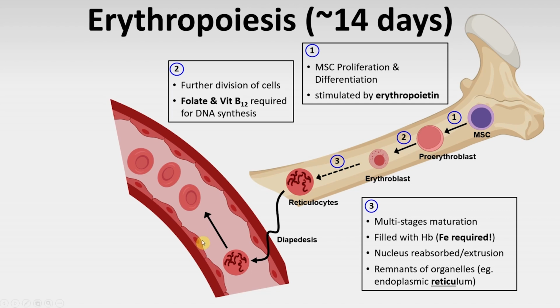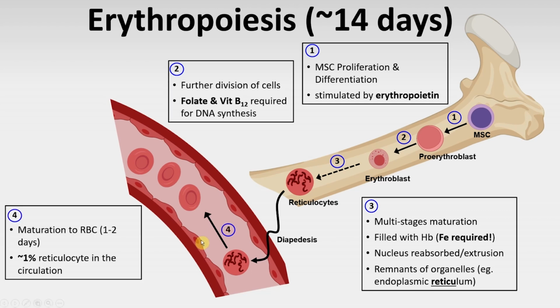I mentioned that reticulocytes are important because the maturation of reticulocytes to RBC takes only 1 to 2 days. So you don't tend to see a lot of reticulocytes in the circulation. At any point of time, there's usually only about 1% of reticulocytes in the circulation. And this reticulocyte count provides an indication of the activity of the bone marrow itself. In other words, it's an indicator of erythropoiesis.